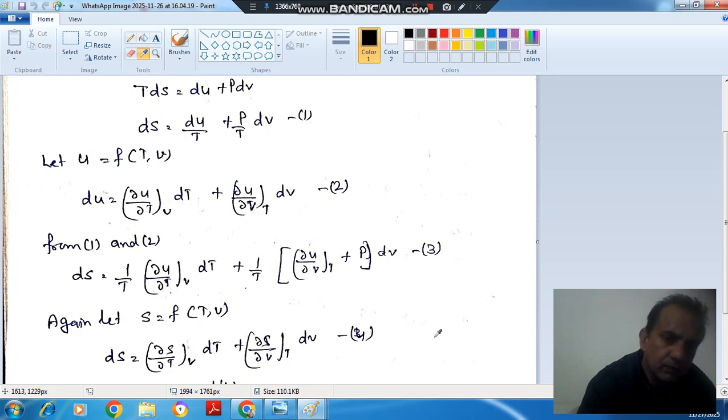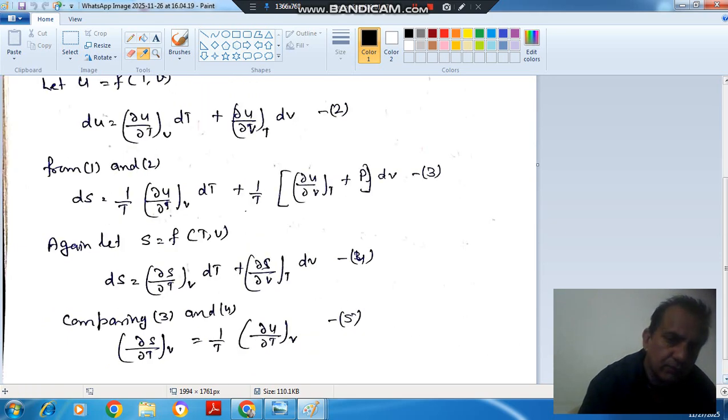Now again we can assume entropy as a function of T and V, so ds can be written as (∂s/∂T) at constant V into dT plus (∂s/∂V) at constant T dV. Now compare this with the earlier equation.